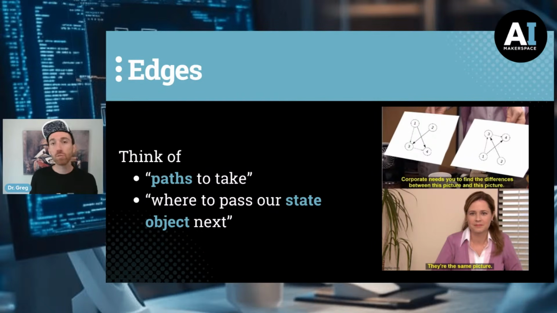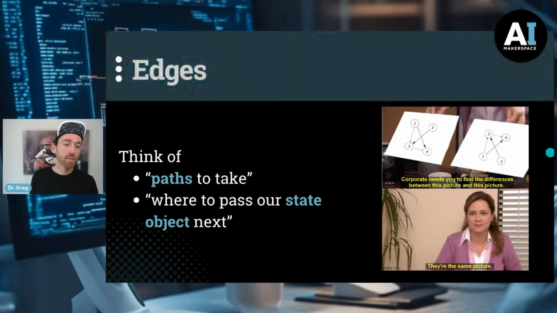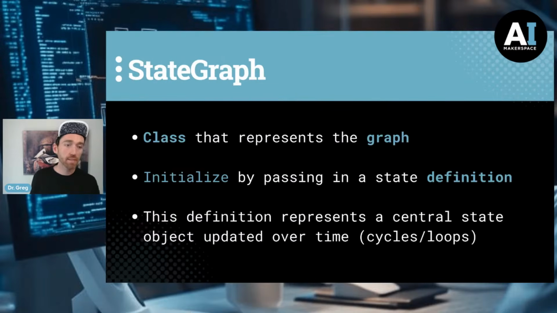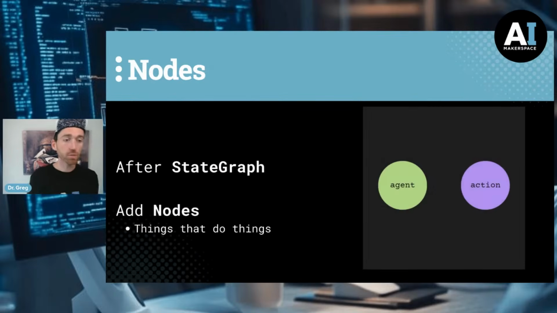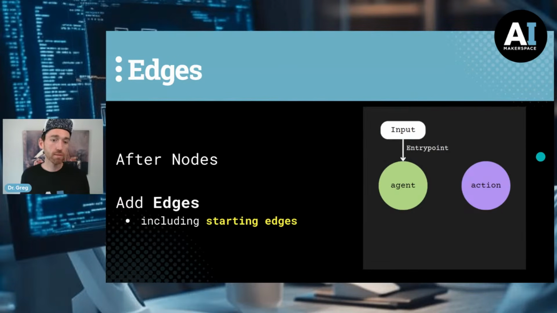So we build what's called a state graph, and we initialize this thing. We build it out with the nodes and the edges. We add introductory nodes first. We want to start somewhere, always.